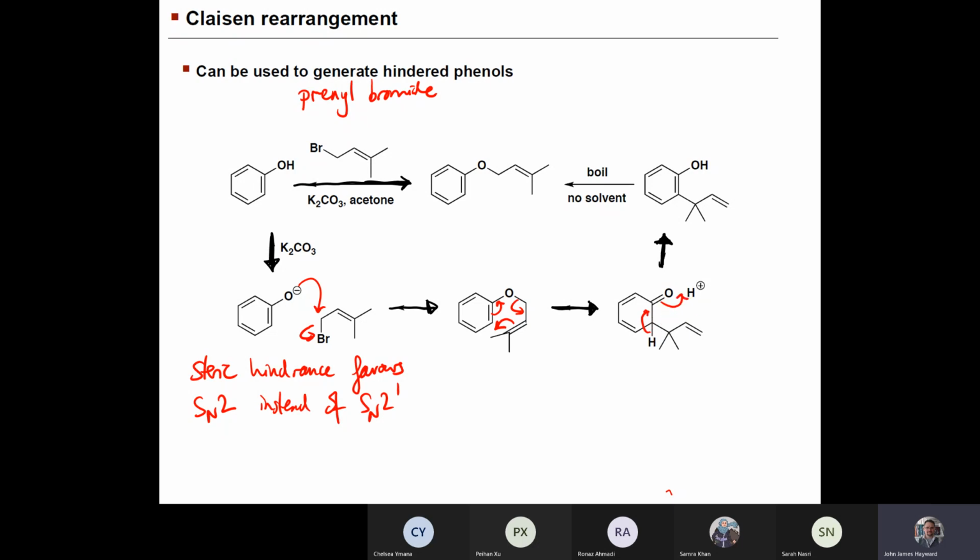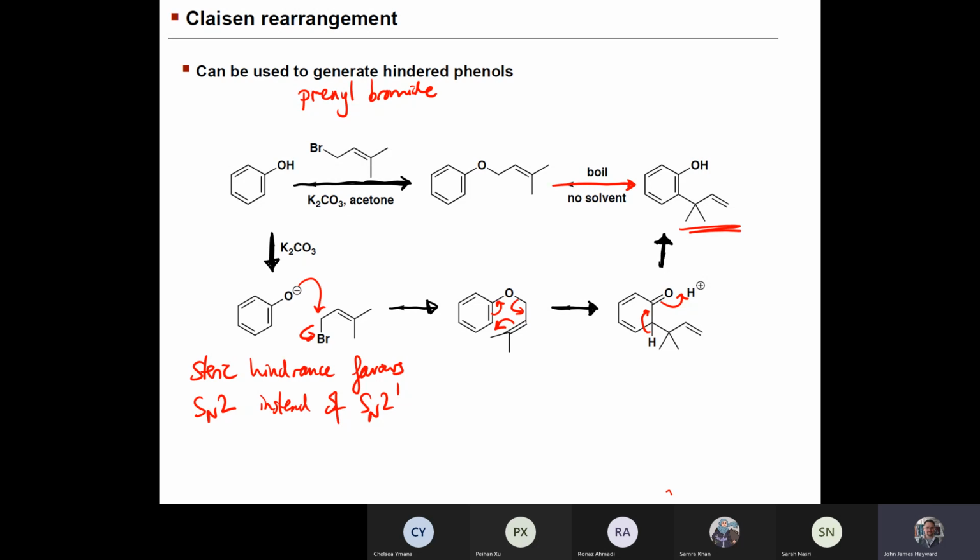And you can see that now we've gotten a product where the bulky groups are close to the ring, not removed from them.